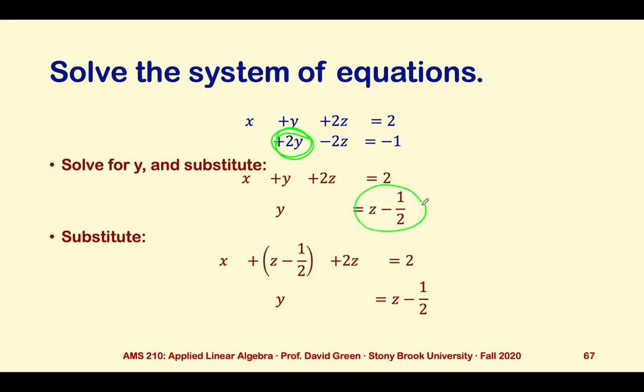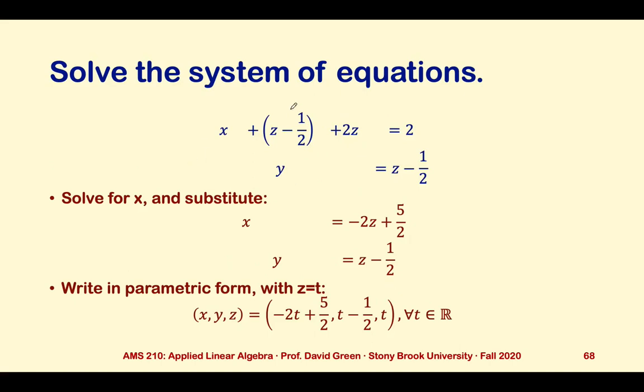Once we have a value for y, we can substitute it into the previous equation. And here I've just, for clarity, separated out the solve step and the substitution step. It's fine to put them in one step. And so y becomes z minus a half. We have our solution for y in terms of z.